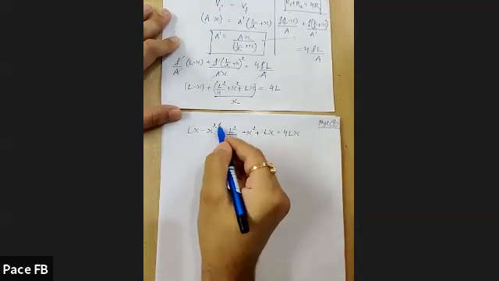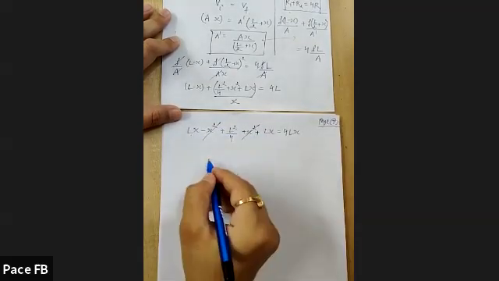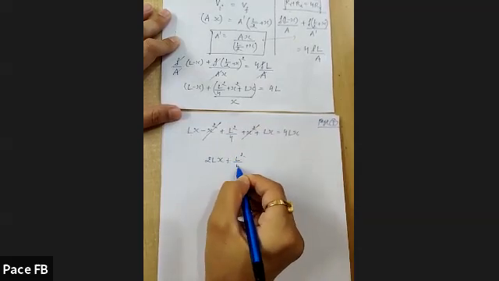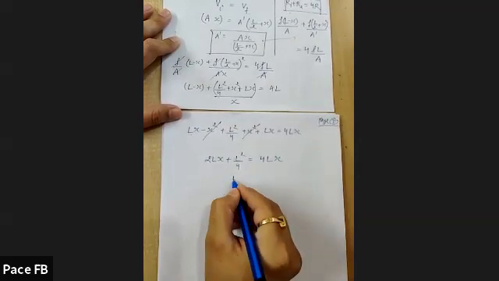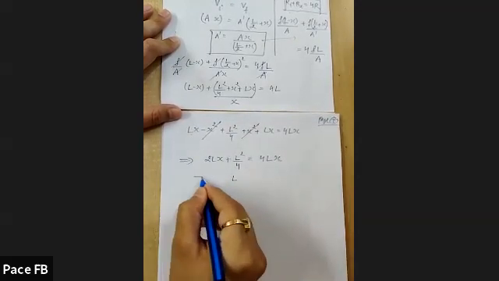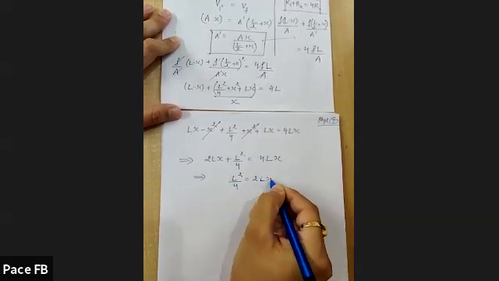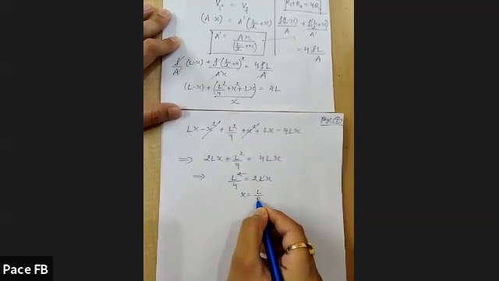X square and minus X square cancel out. So 2LX plus L square by 4 is equal to 4LX. This implies L square by 4 is equal to 2LX. Now L and L cancel out, so X comes out to be L by 8.